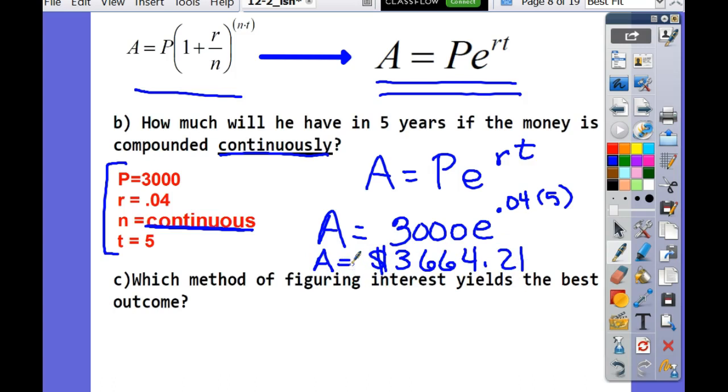It's not a whole lot more than part A, but it's a little bit more, isn't it? If it was your money, you would probably want to have a little bit more money. So you might, if you had a choice, want to use the second method that was in part B. Was there a question about that? Okay.